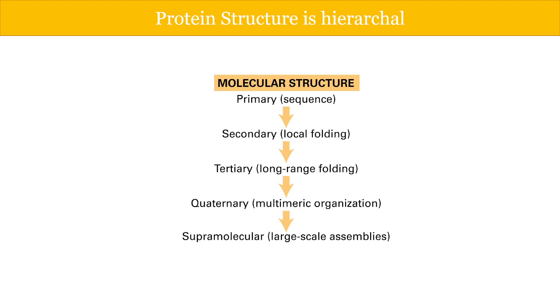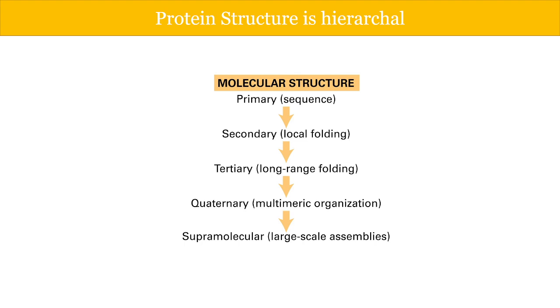So we have seen this in the last class, where we discussed the primary sequence of proteins. The primary structure is basically composed of different amino acids joined by peptide bonds in a polypeptide chain.